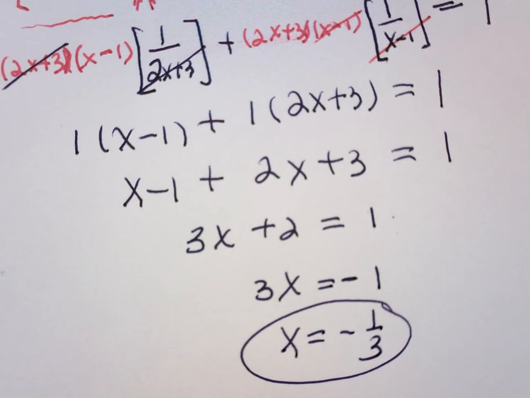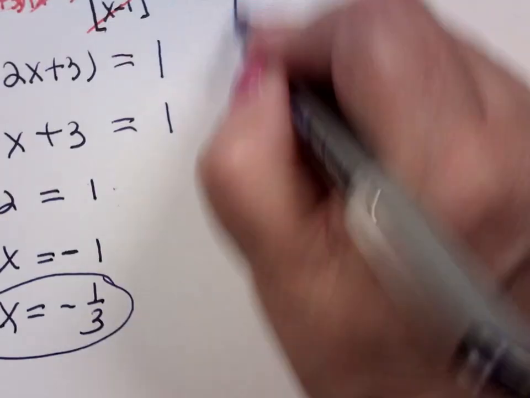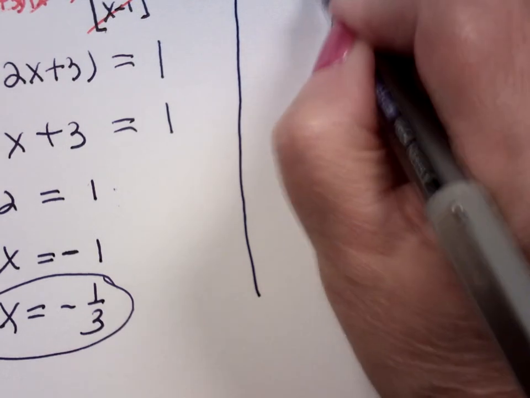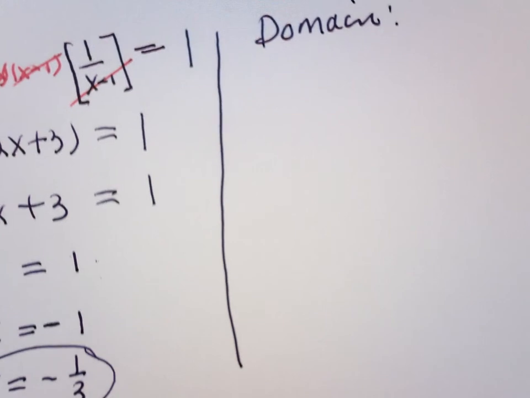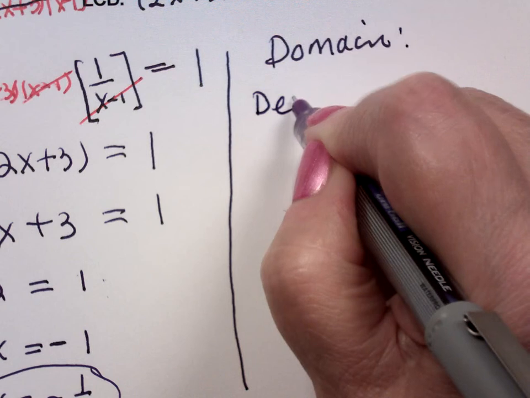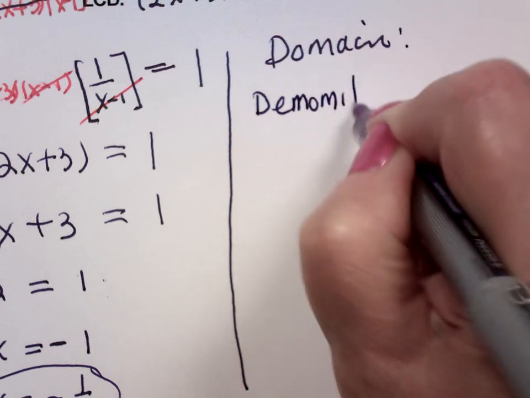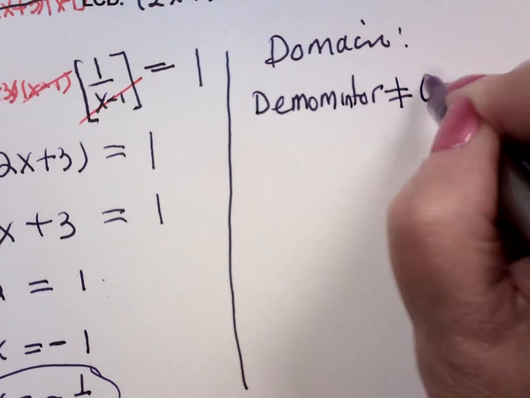Now what x cannot be is something which makes the denominator 0. That is the domain of the solution set. So if I come back over and I say, what is the domain? What can x be? The denominator, I don't care what the numerator is. The denominator can't equal 0.